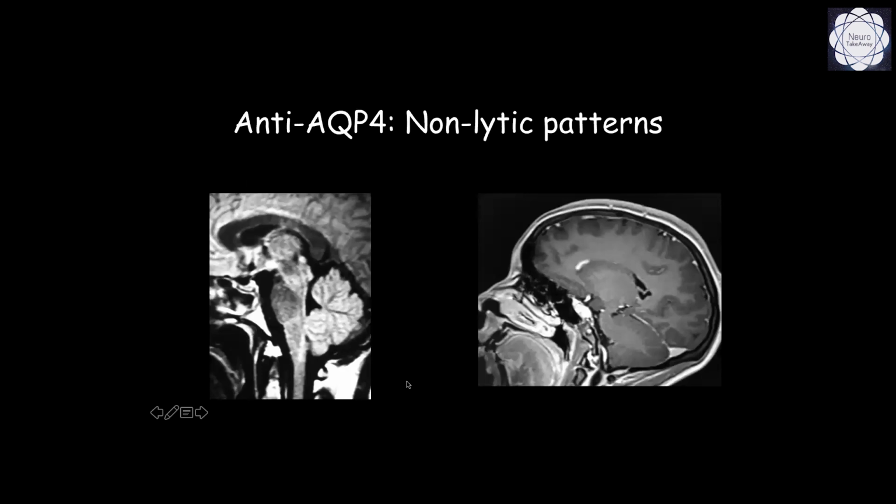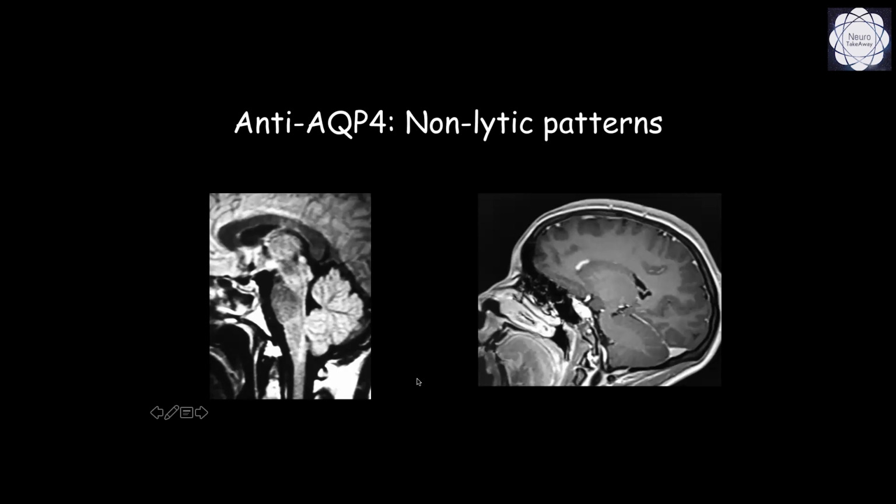But in NMOSD, we have two types of lesions. We have the lytic lesions, as we saw before, but we also have another type of lesions, the non-lytic ones, which are associated with a better prognosis. For example, the area postrema or the subependymal lesions are associated with good prognosis.